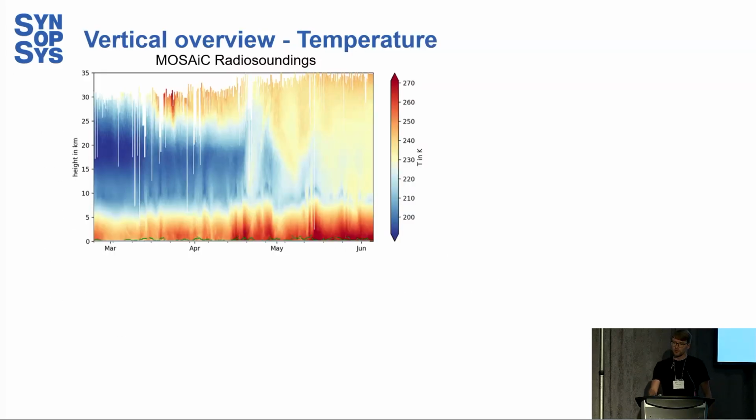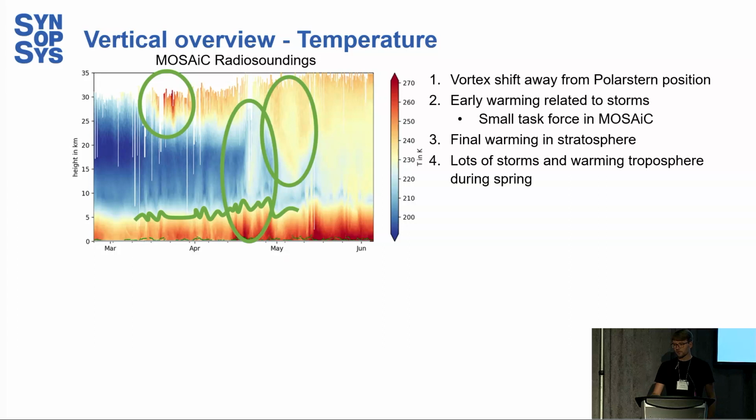So now I want to extend this a bit vertically. These are the MOSAiC radio soundings during leg 3, and we see the transition from winter into summer. I don't want to name all the things we see there, but already from that perspective, we have a lot of events.